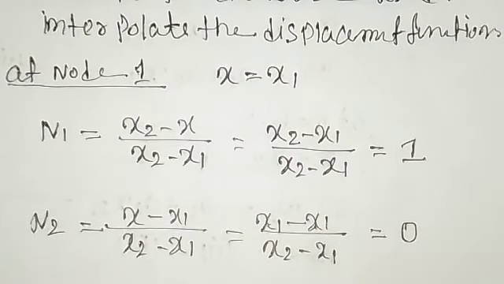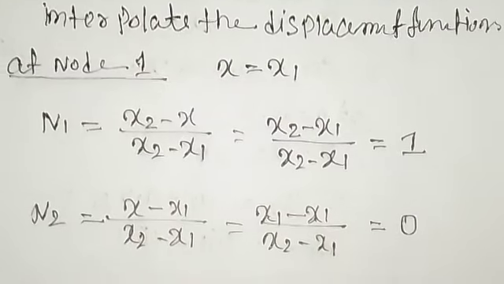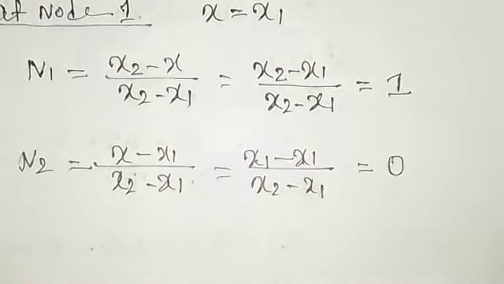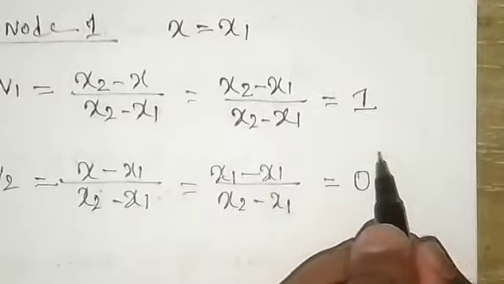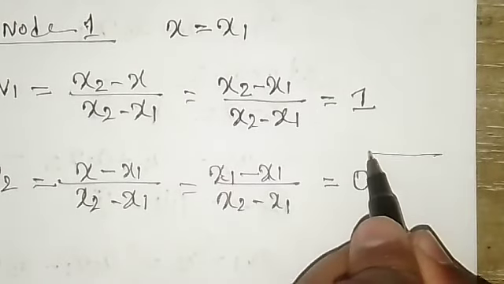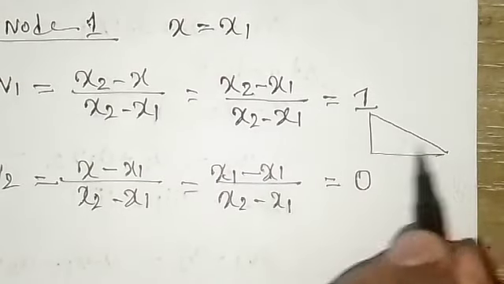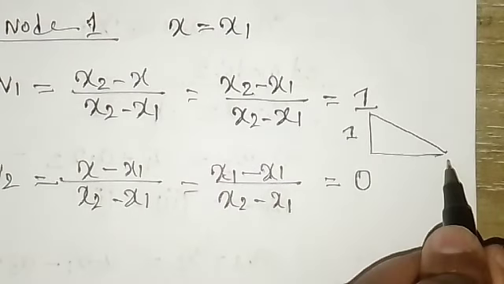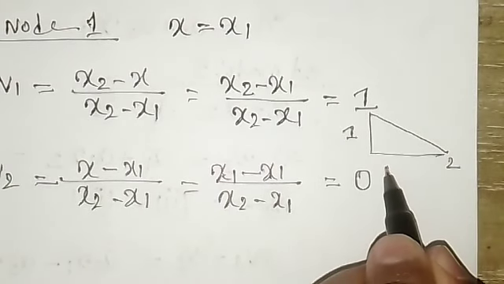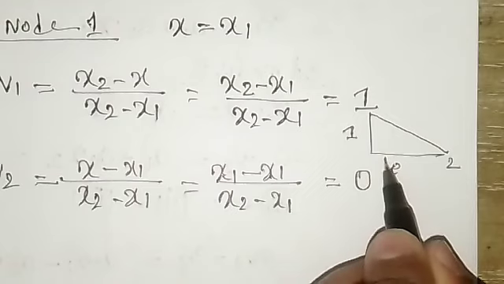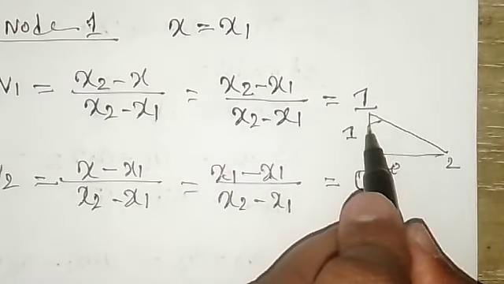This is the significance. How the element gets the shape for this condition, we can draw here. This is the element, node 1 and node 2, and this is the length LE.